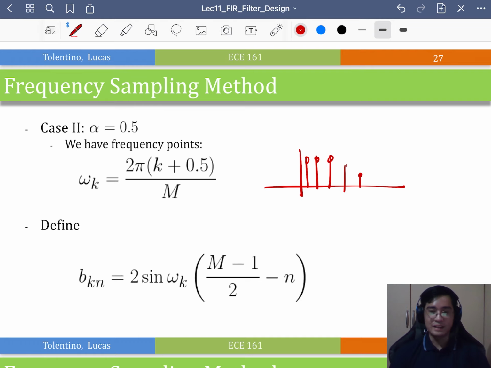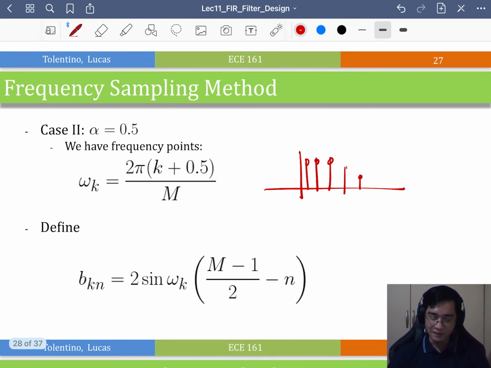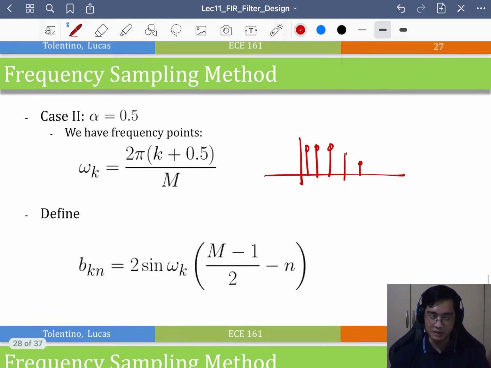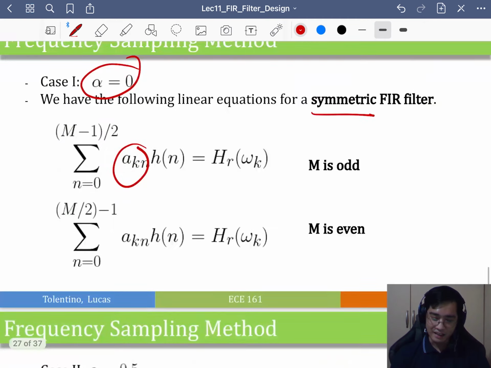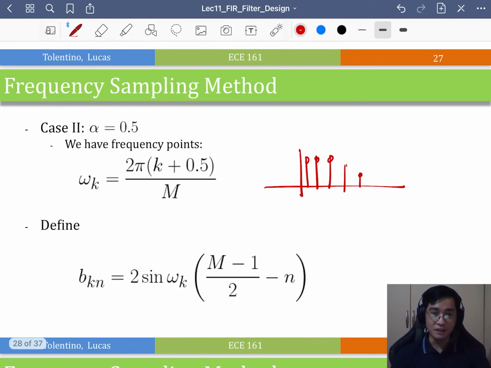So I think you get the point. Basically, when alpha is 0.5, we do not have A_R of 0, but on the halfway point. And when we have alpha is 0.5, we have the following equation. I just selected alpha is 0.5 when anti-symmetric because the equations are simpler.